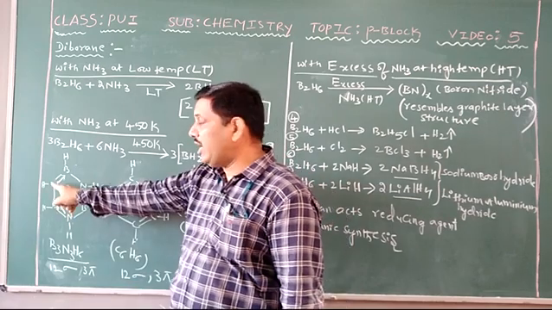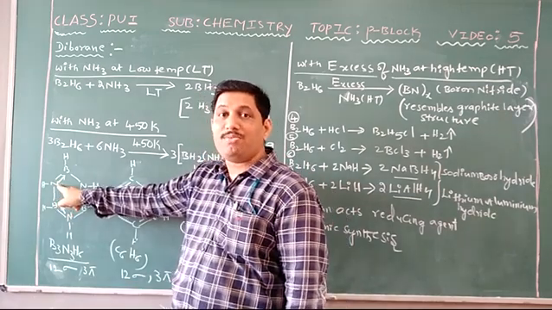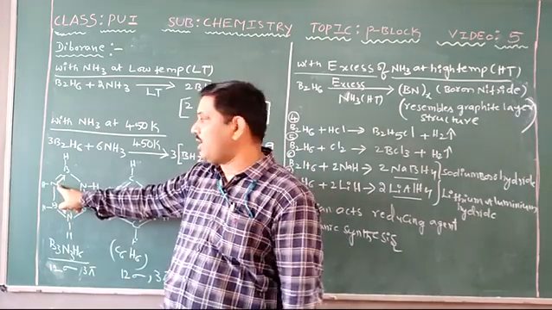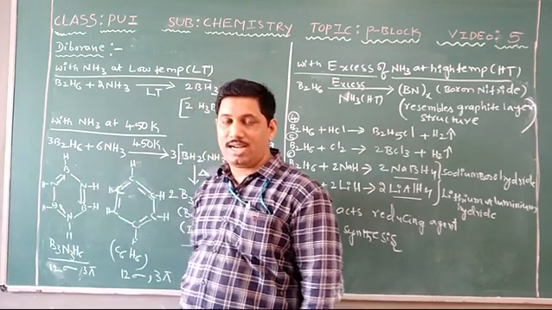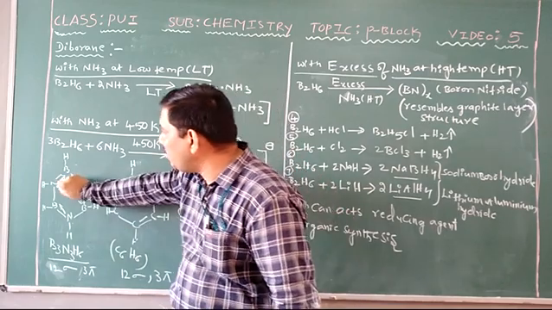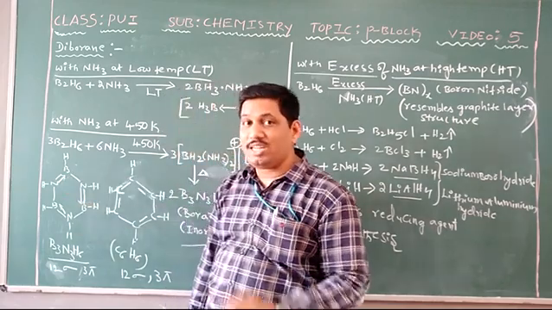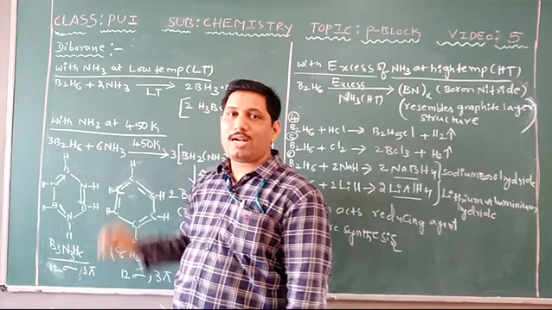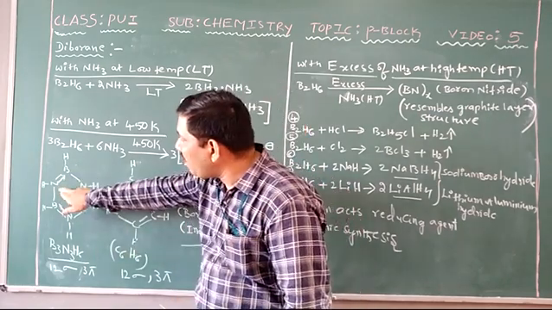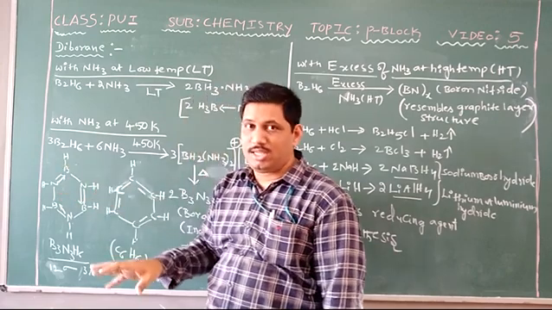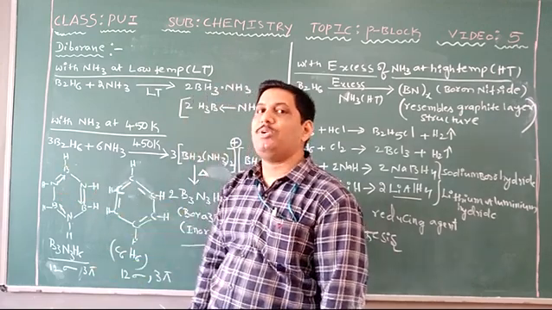Let us see, students, nitrogen, a group 15 element or 5A, contains 5 valence electrons. Here 1, 2, 3 bonds are present. Therefore, 3 valence electrons are used. The remaining 2 electrons exist as the lone pair on the nitrogen atom. Those 2 electrons can form a coordinate covalent bond with the empty orbital of the boron atom. Just now we discussed, the boron contains an empty orbital.